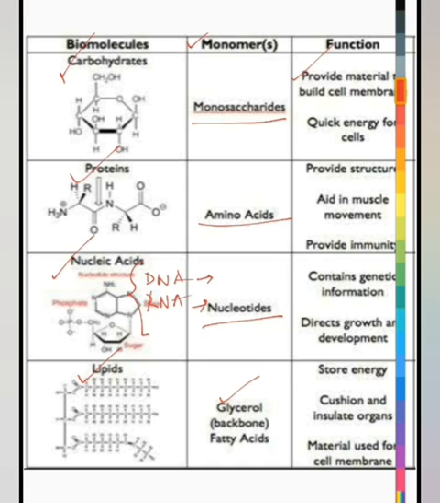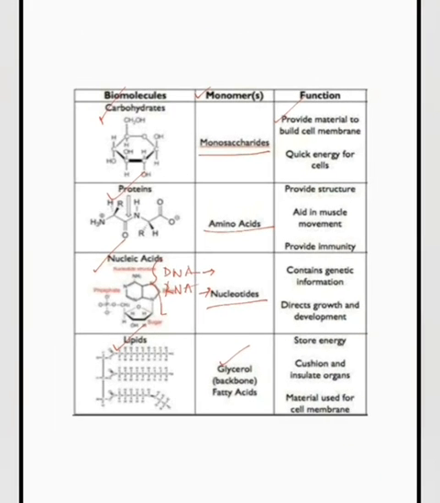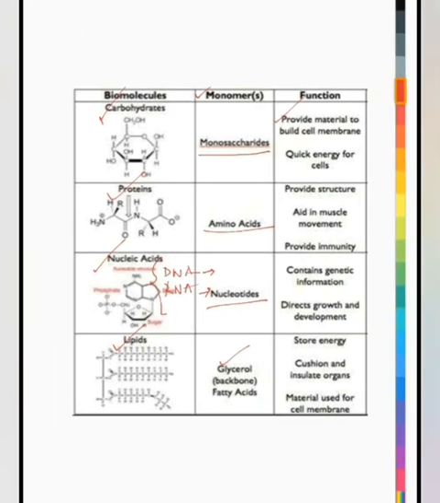They are also used for production of cell membrane. So this is all about the major biomolecules, their structural units, that is the monomers, the names of the monomers, and their functions.